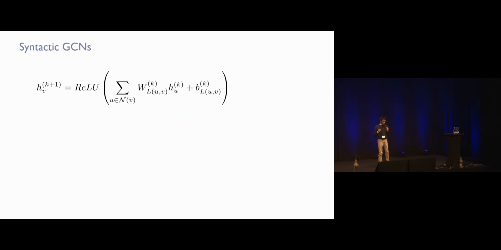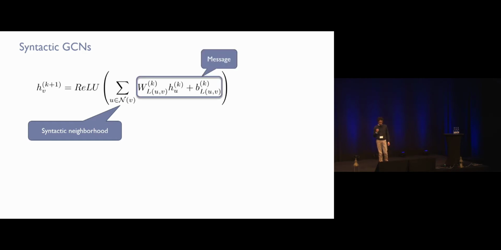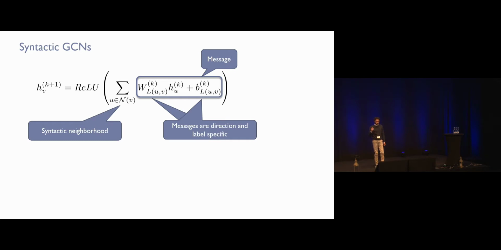Formally, this is the update rule that we use. We go through the syntactic neighborhood, considering also the self loop, the word itself, and we sum over all the messages. The message, again, is a simple affine transformation. And one thing I told you before is that each message is direction and label specific.